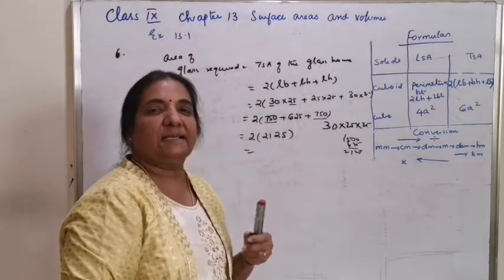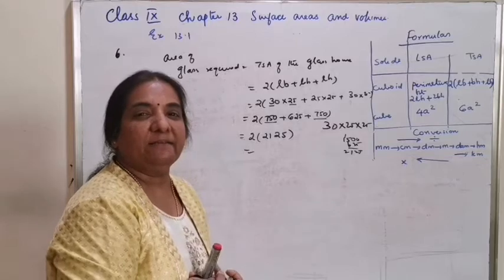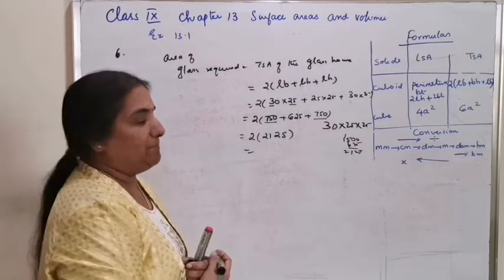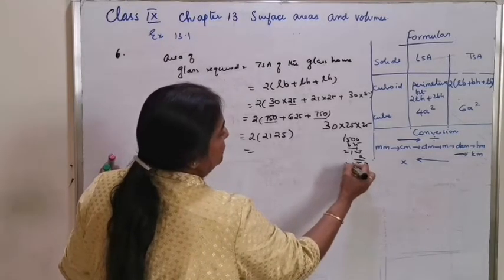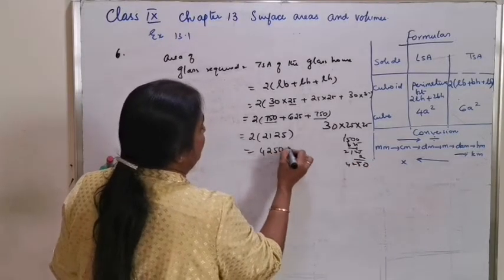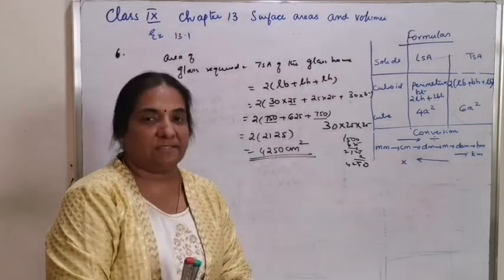Kindly do these easy calculations in your mind also, so that your speed increases for the exam. 2 into 2125 is 4250 centimeter square of glass required for the glass house.